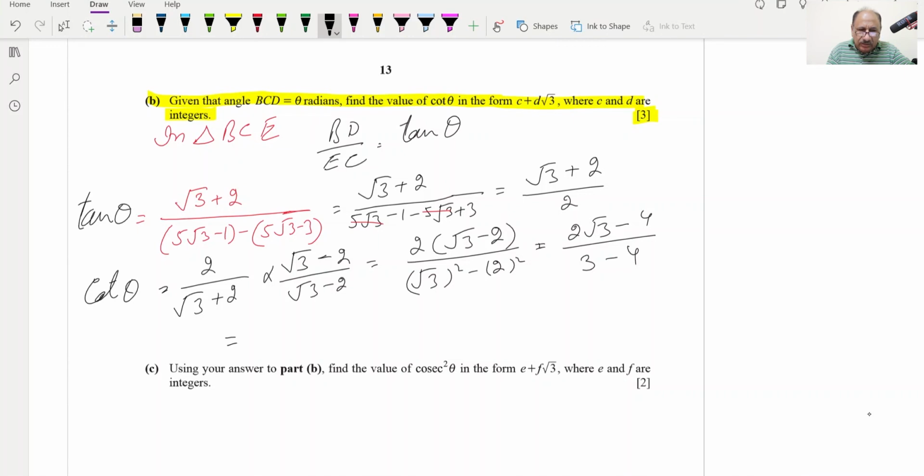So we can write here minus 2 root 3 plus 4, and this will be our final answer for this part B.